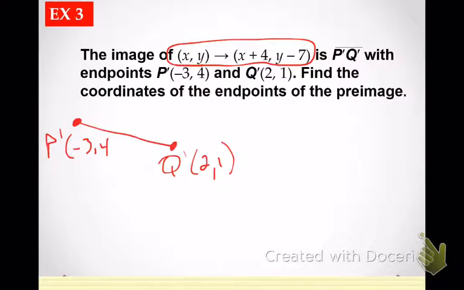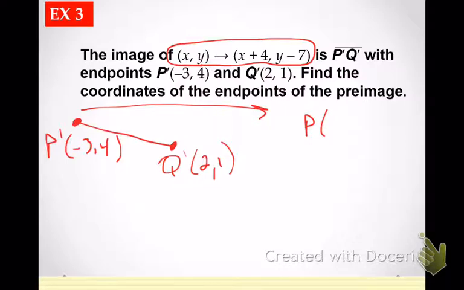So to find the new points, to find P, we know that to go to P prime, we had to add 4, subtract 7. To go the other way, we have to do the opposite rule. We have to subtract 4 and add 7.